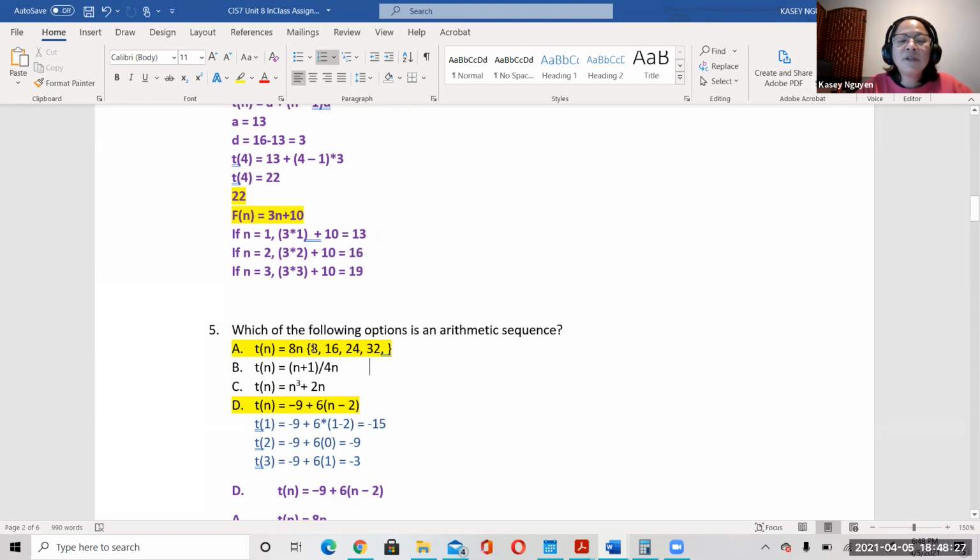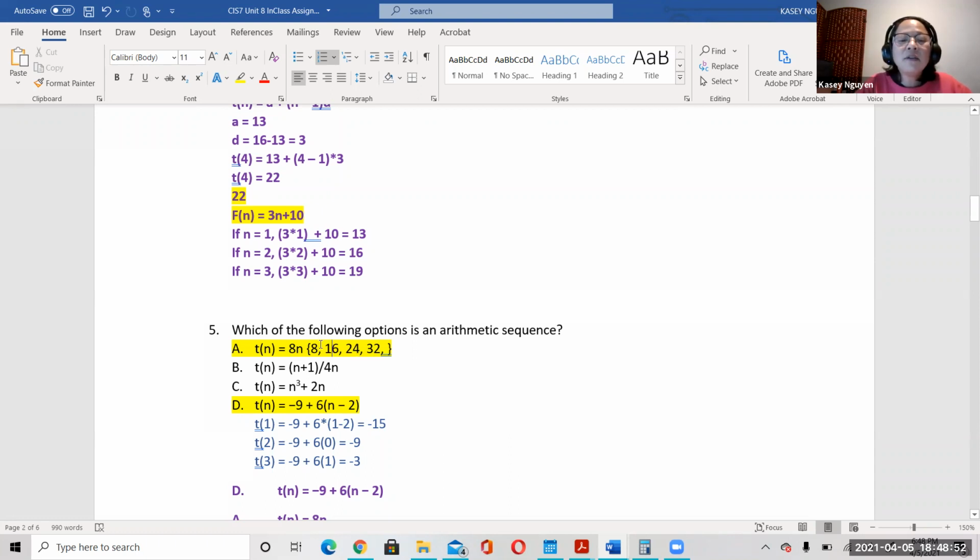So when you look at a sequence like T of n is 8 times n, we can say that the first number is 8, the next number is 16, 24, 32, and so on. That is an arithmetic sequence, right? Because if you take 16, subtract 8, that's 8. 24, subtract 16, that's 8. 32, subtract 24, that's 8.